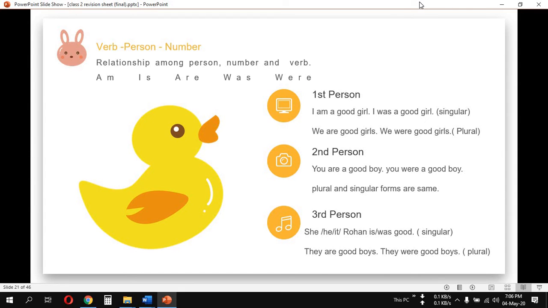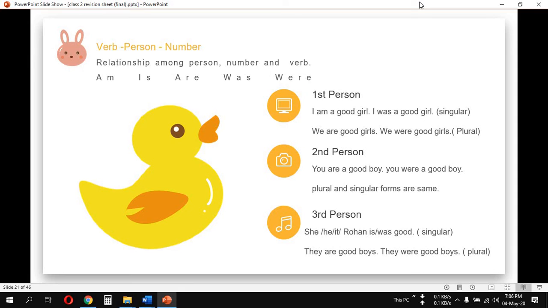But second person singular number also takes are in present form and accordingly were in past form. And the third person singular numbers take is in present form and was in past form.